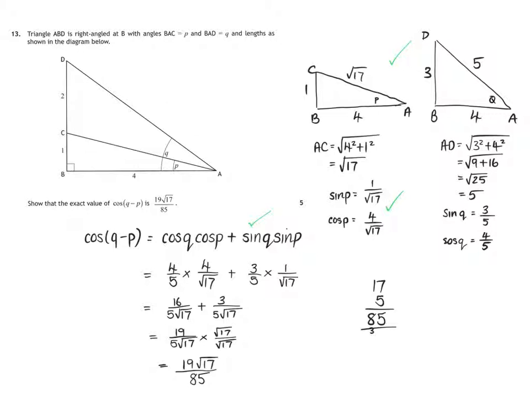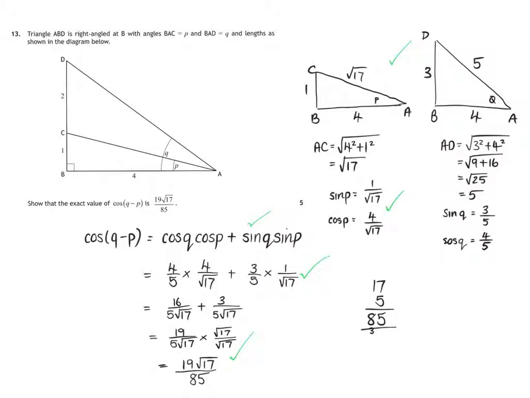Your fourth mark is for correctly substituting them all into the formula, and the last one is for getting it into the form that is given in the question. Okay, so that's question 13.